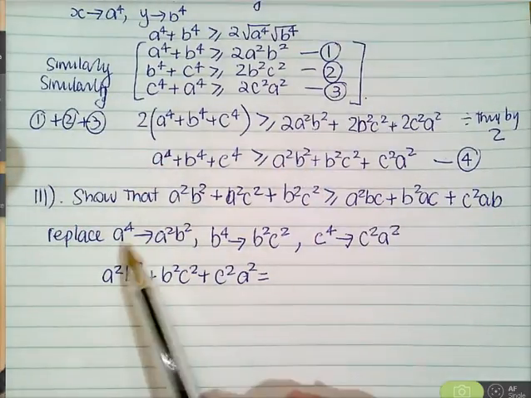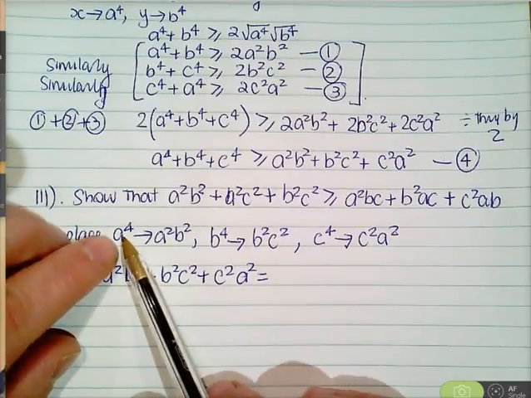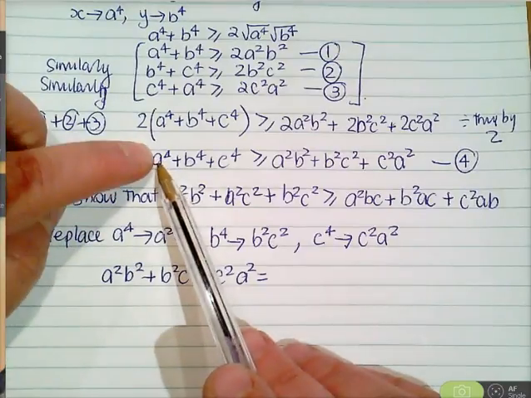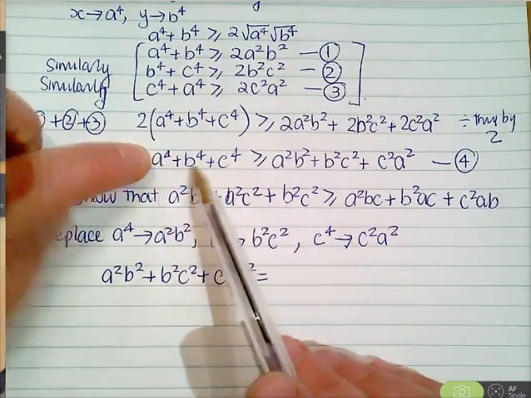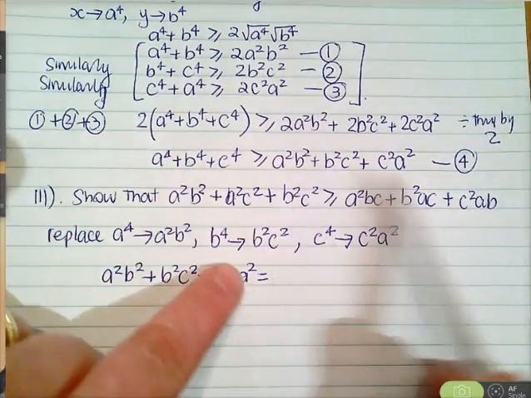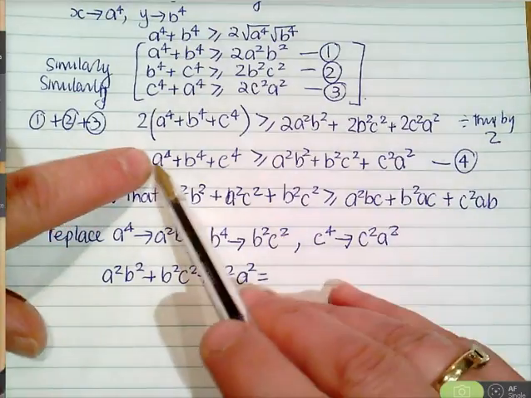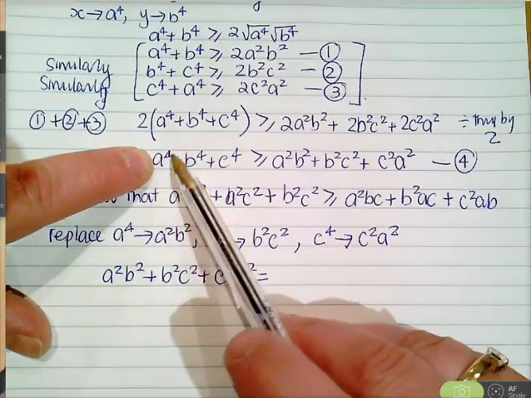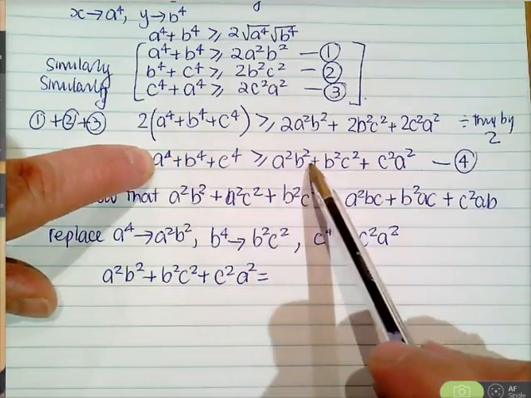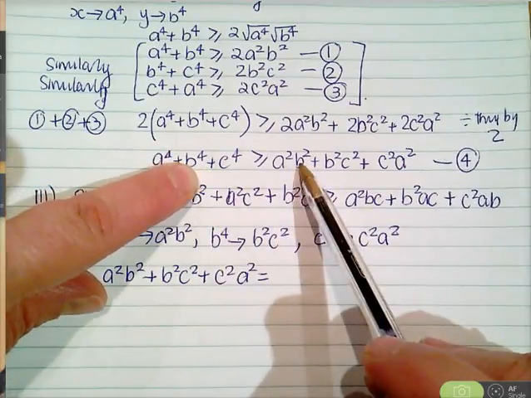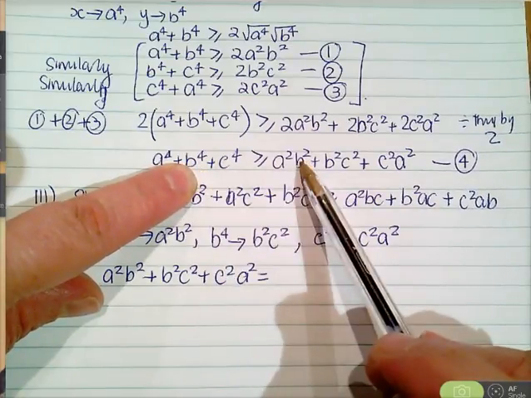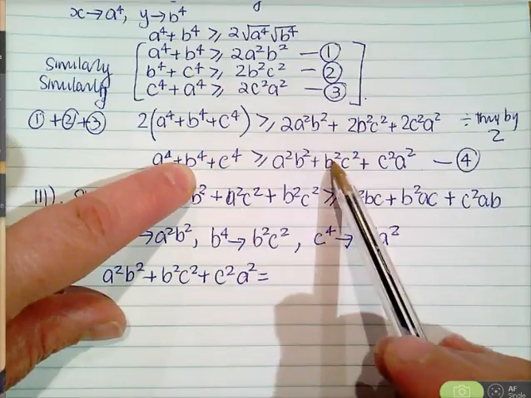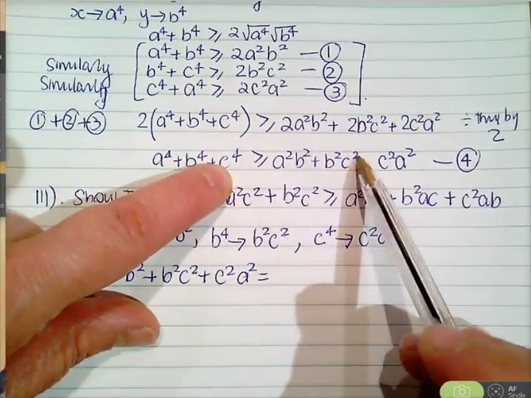Rather than say replace, we'll notice here that you've got A4, B4, C4, and the pattern that you end up with is A4, then you end up with A squared B squared, so you end up with the square root of the A4 and the square root of the next term, the B4. The square root of B4 is B squared, and from this term you'd get the square root of B4, which is B squared, and the square root of C4, which is C squared.